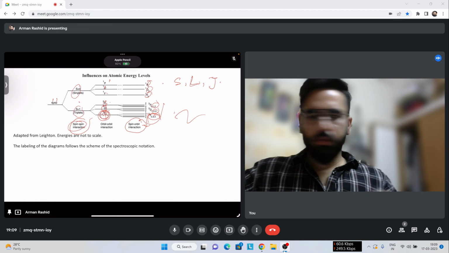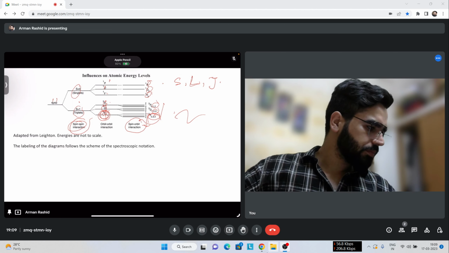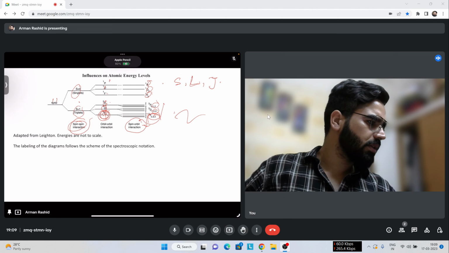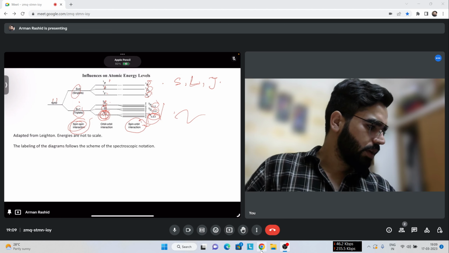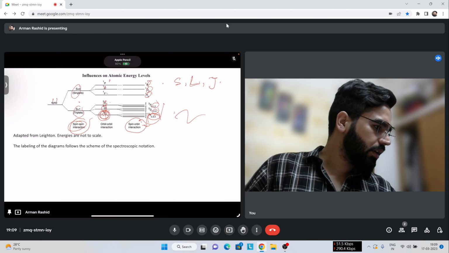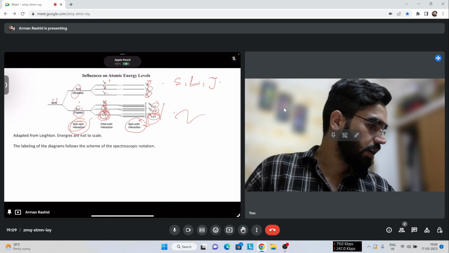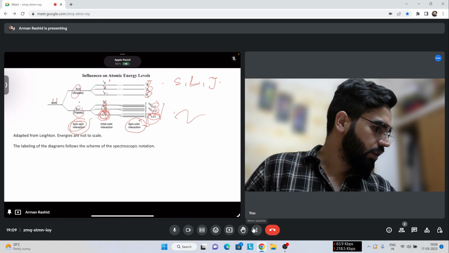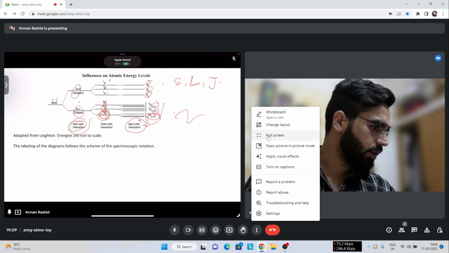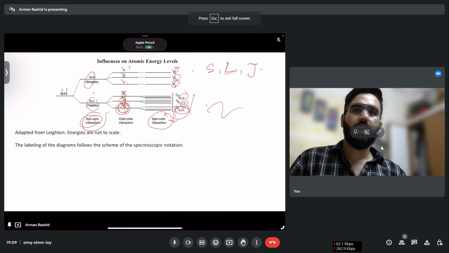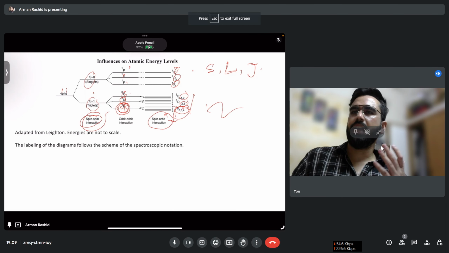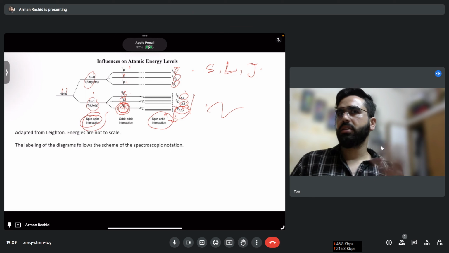So till now what I have showed you is how different atomic states are possible in a single electronic configuration, and how we can see what are the different configurations that arise because of a particular electronic configuration. Now those states can arise by internal or external effects.